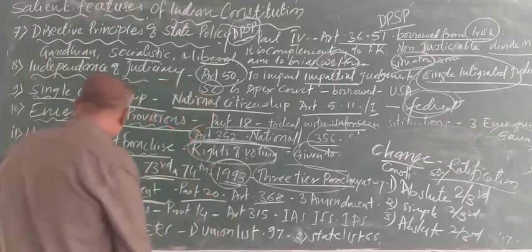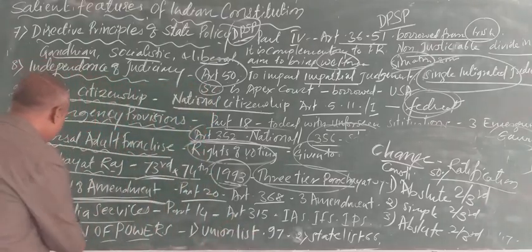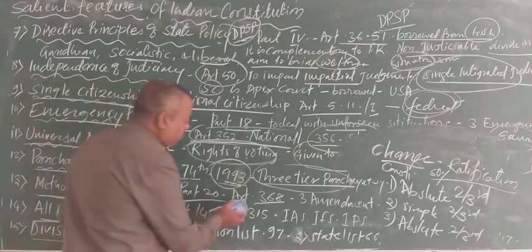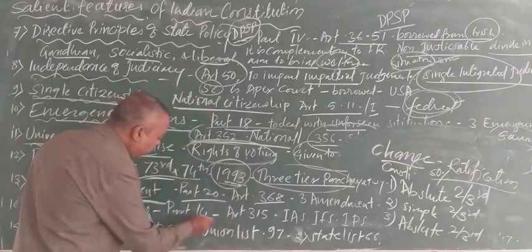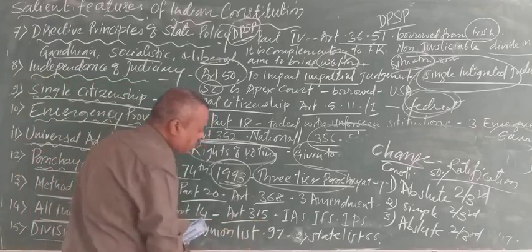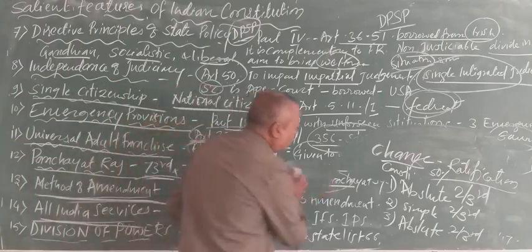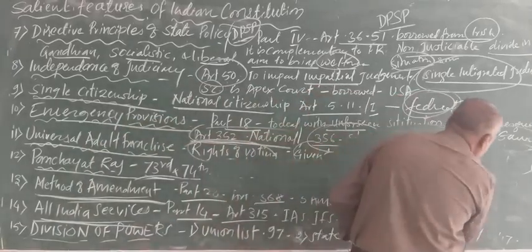Next, number 14, All India Services. Under Part 14, Article 315 deals with the establishment of All India Services.